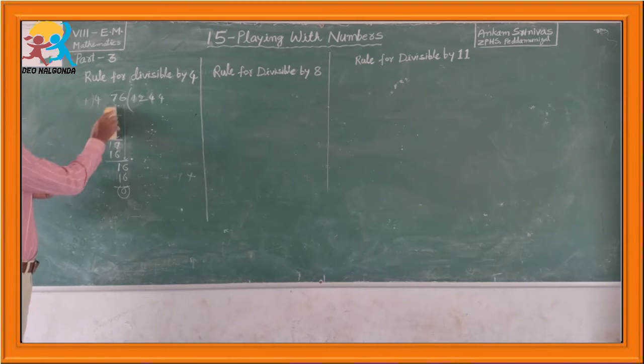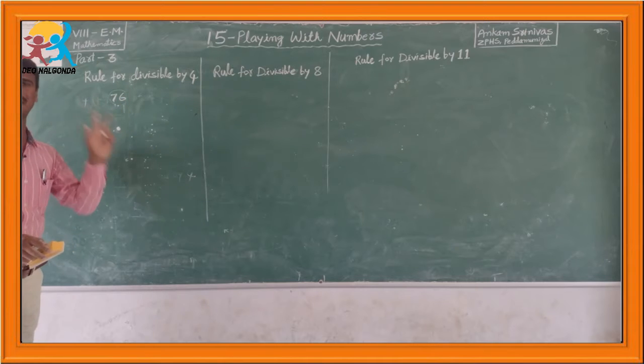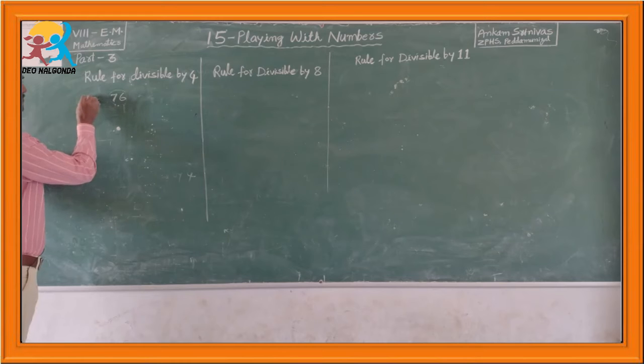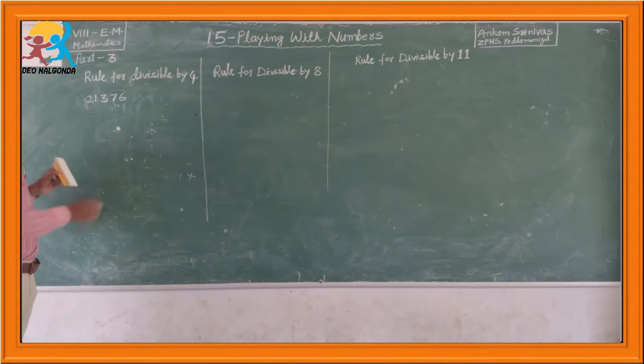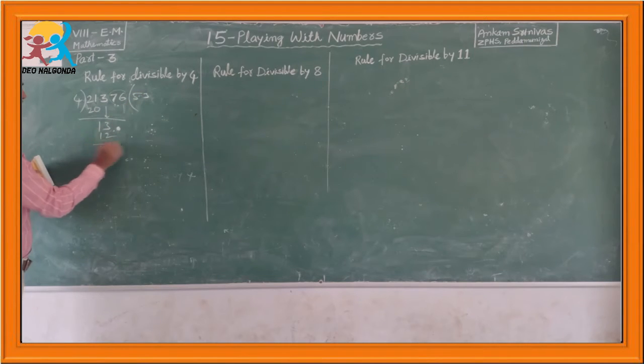Take another example. Taking the last 2 digits as it is, 76. I never change the 76. And now I take a 5 digit number, keeping the last 2 digits not changing, and divide by 4. 4 fives are 20, and 21 minus 20, 1. 4 threes are 12.